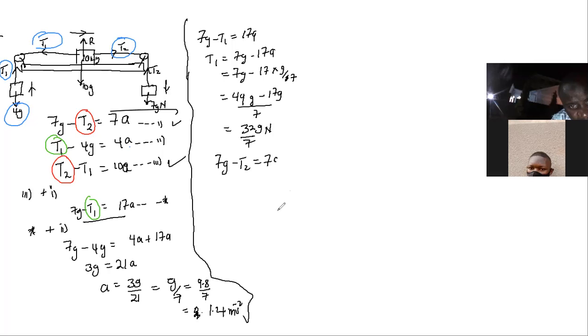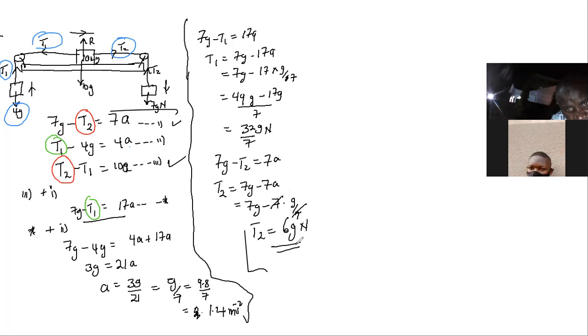I cancel this 7, so T2 clearly becomes 6G newtons. With that, you would have attained both the acceleration and the tensions in the strings. Unless someone has a question on that first presentation. So that was number 18.